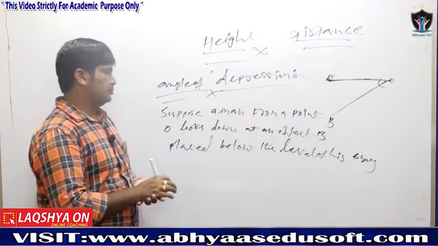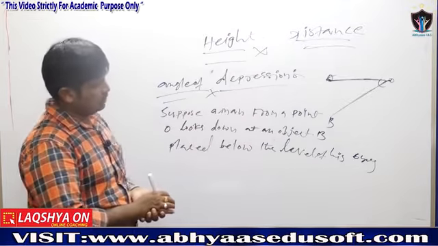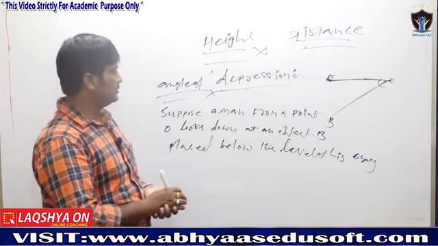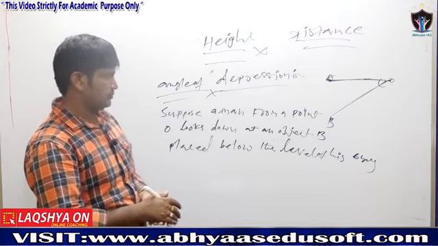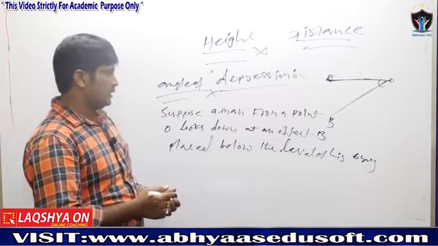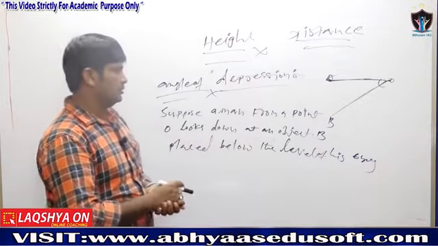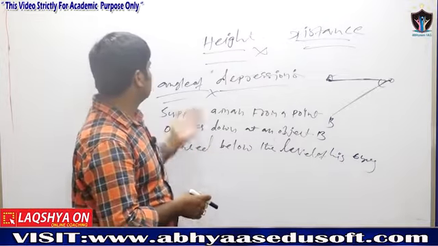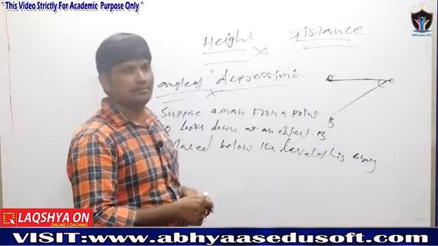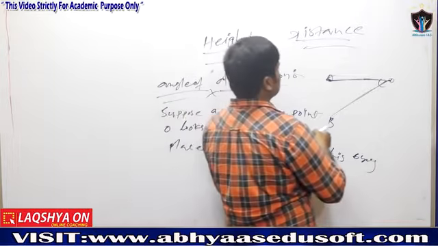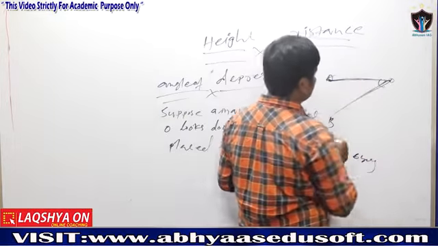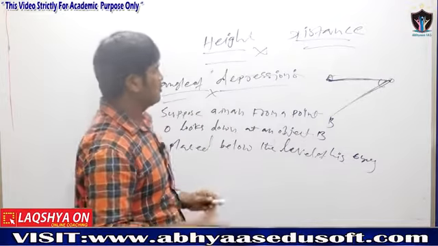Then the angle which the line of sight makes with the horizontal through O is called the angle of depression. In such a style we must be familiar with these two.